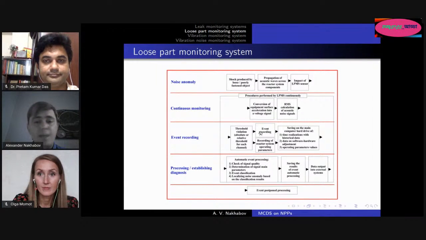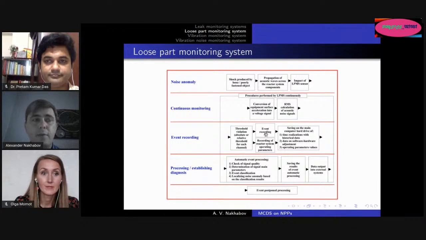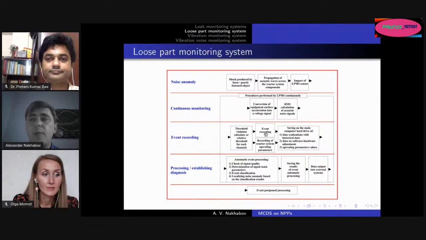Of course, we speak about event recording, because for all systems, like black boxes on aircraft, our task is not only to find something right now, in this moment. Of course, it's highly desirable to find possible defects or leakages or free objects during operation.